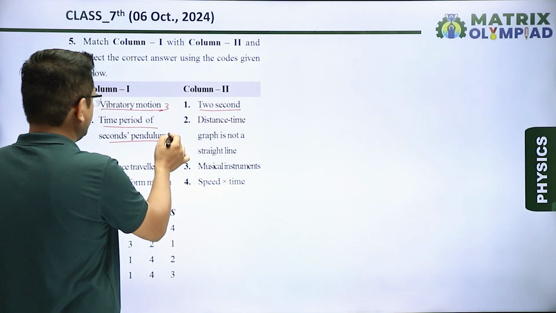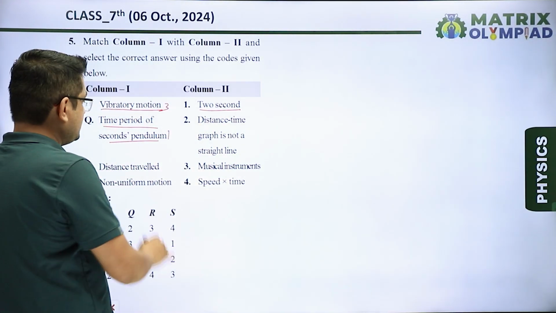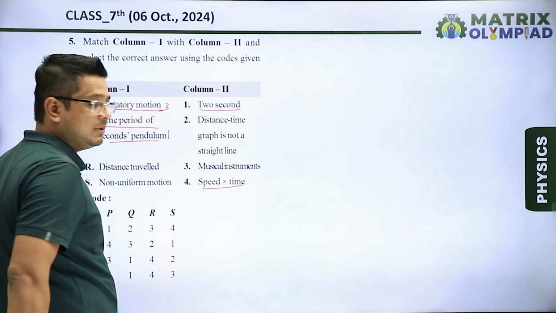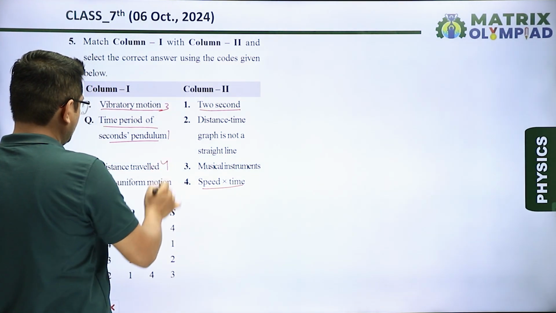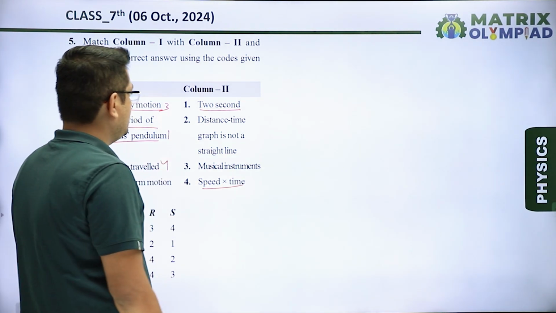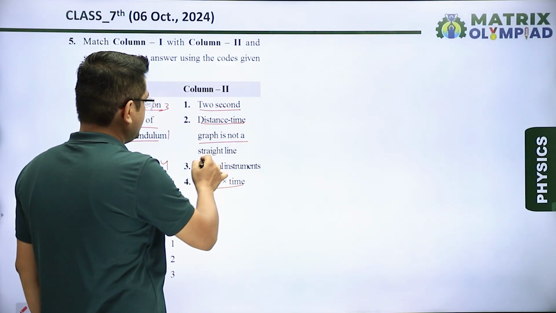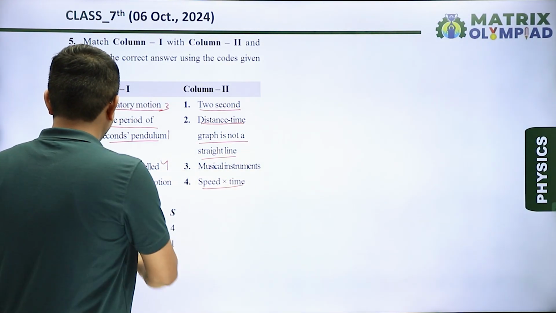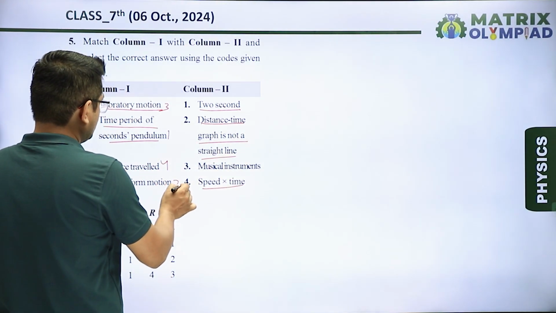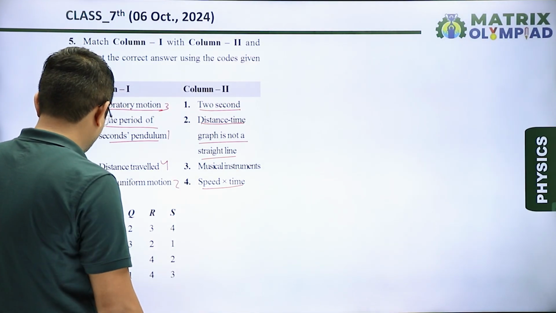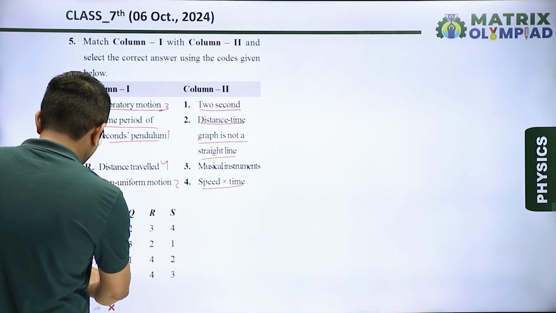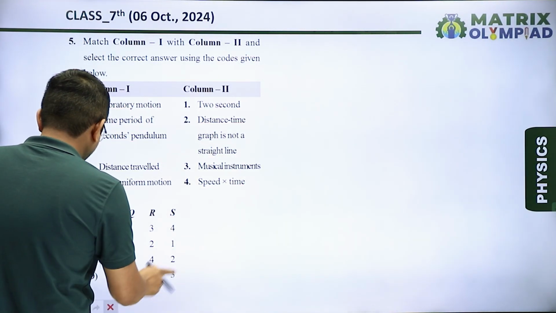So for Q, I will write 1. Distance traveled is equal to, very simple, speed multiplied by time. So for R, I will write 4. Non-uniform motion, that means the distance time graph is not a straight line. So for S, I will write 2. So the correct code is 3142, that means option C is our correct answer.